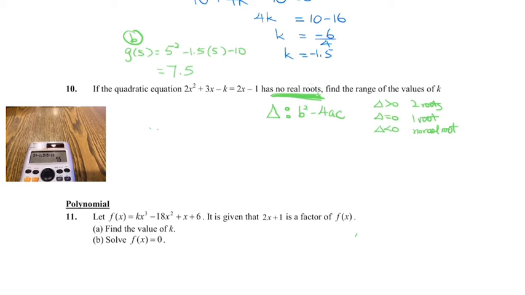For example, in this question there is no real root. So because there are no real roots, delta is less than 0. What is delta? b squared minus 4ac, where b is the coefficient of x. So b squared minus 4ac.